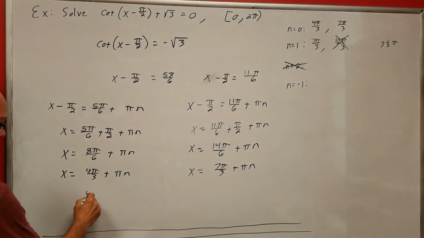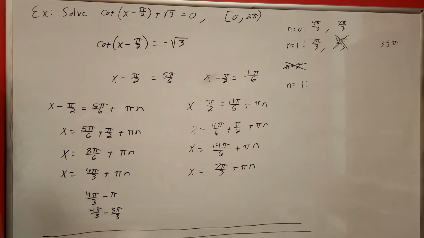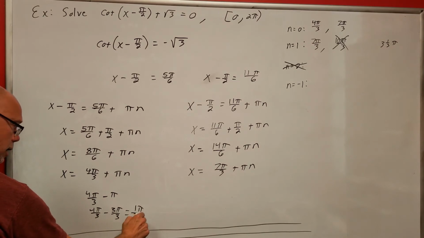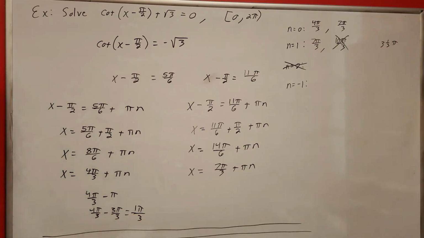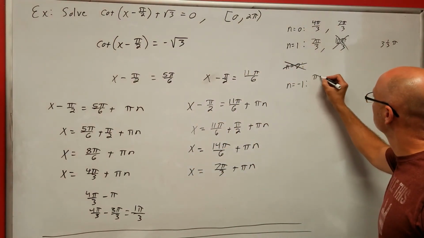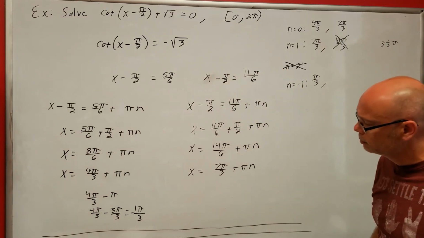I'm going to have 4 pi over 3 minus pi, or 4 pi over 3 minus 3 pi over 3. That gives me pi over 3, which is okay to have in this interval.